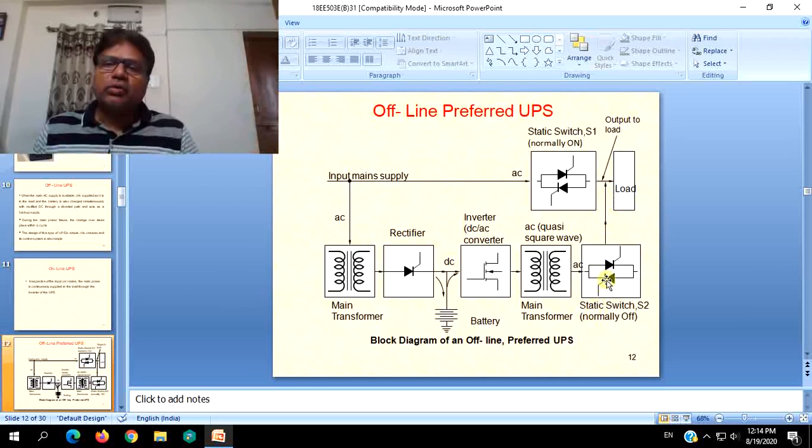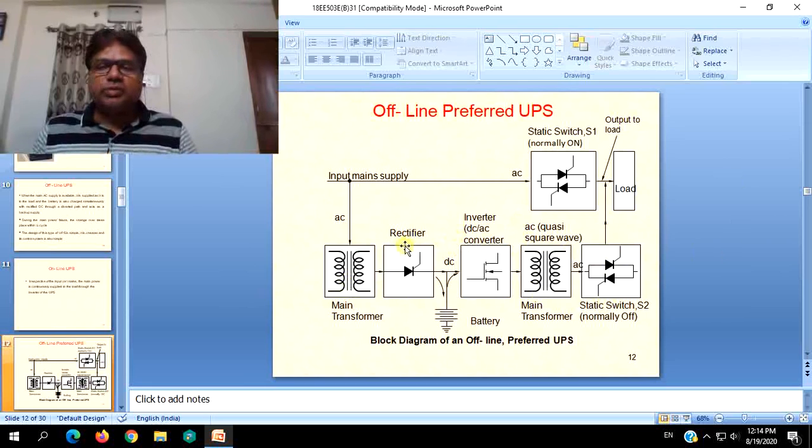From this side there won't be any supply entering the load unless static switch S1 opens. That will be sensed automatically, then the supply will be given to the load from this path.